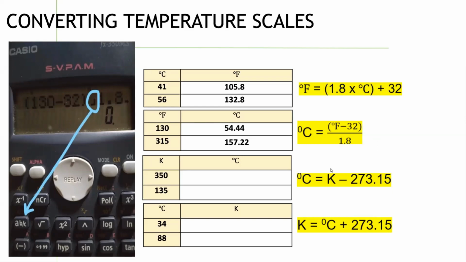Let's proceed to Kelvin to Celsius. Our working equation here is very easy: Kelvin minus 273.15. Start with 350. The answer is 76.85.